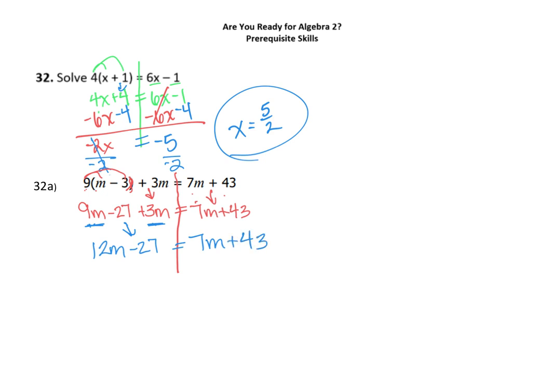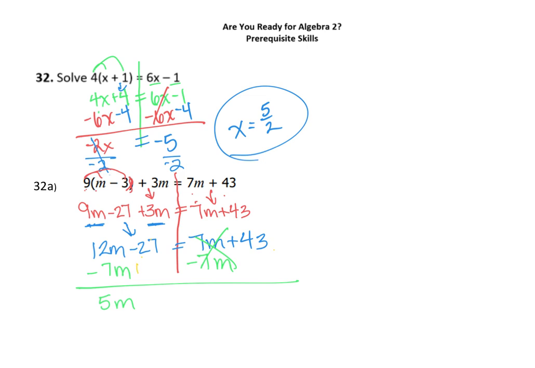Okay, now that it's just 2 terms on each side, I want to move my m's. I like them on the left. We're going to subtract 7m. Again, I'm using the opposite side now because I'm going to the opposite side of the equal sign, opposite side of that line. That's why I like having it there. 12m minus 7m is 5m. Okay, canceled out there. Now I need to get the constants, my regular numbers, on the opposite side.